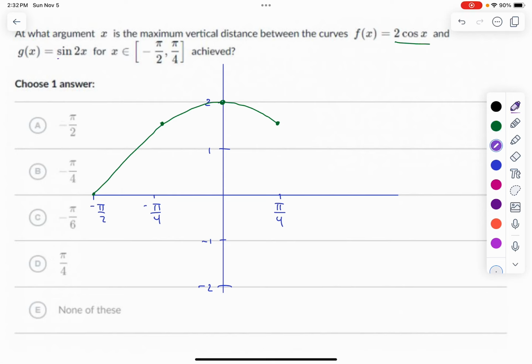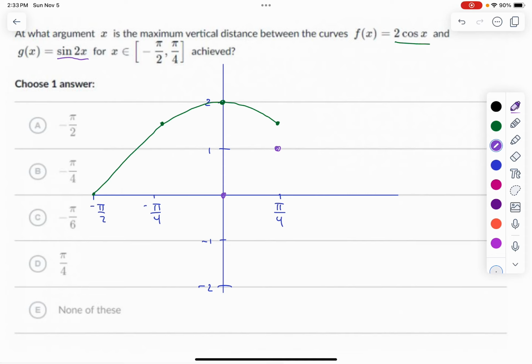And what about sine of 2x? So that would be a sine graph with a period of pi, but you might just plug in points and get maybe just as good. If I plug in pi over 4, sine of 2 times pi over 4 is the sine of pi over 2, which is 1. When you plug in 0, the sine of 0 is 0.